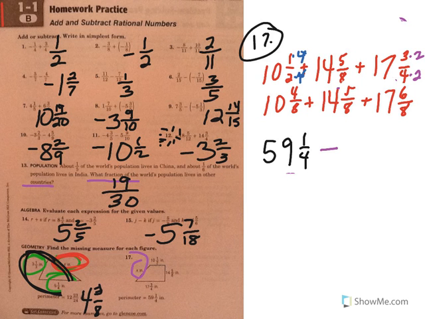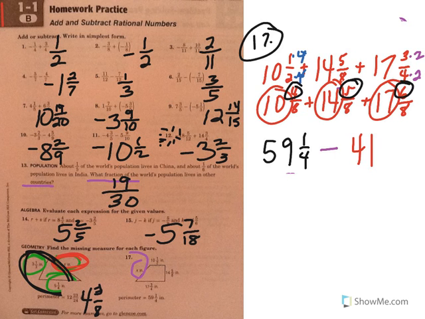We can add the eighths and the integers. So we have 10, 14, and 17, and that'll get us 41. We can add the 4/8, 5, and 6, which gets us 4, 5 is 9. So 9 plus 6 is 15/8, that's improper.